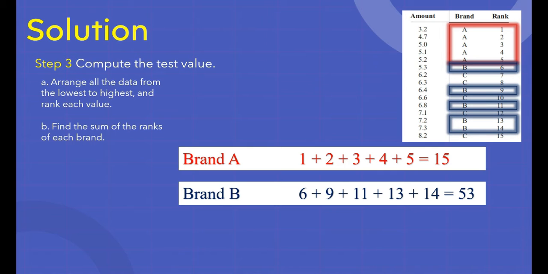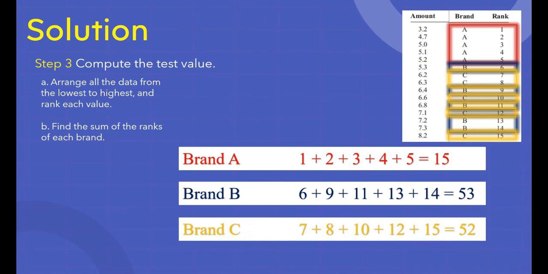In brand B, we have 6 plus 9 plus 11 plus 13 plus 14 is equal to 53. And in brand C, we have 7 plus 8 plus 10 plus 12 plus 15. So letter C, substitute in the formula.